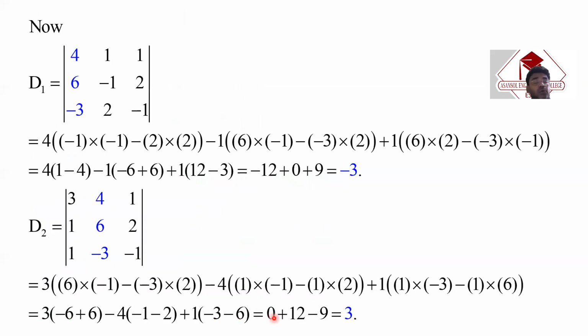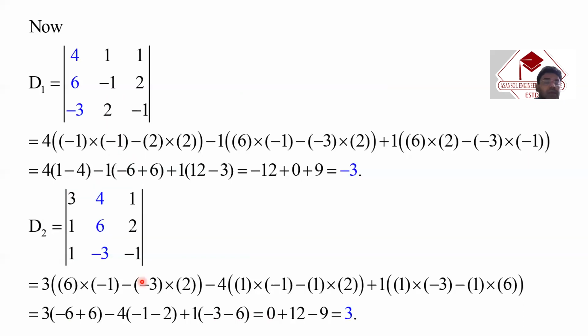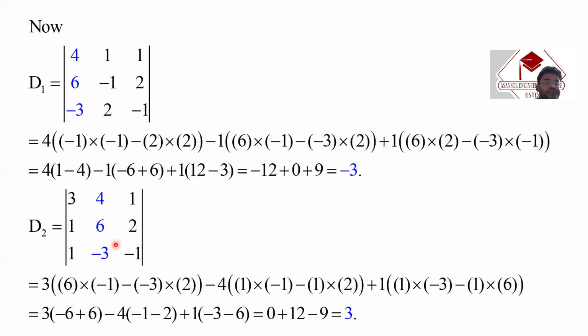Next part is D1. So already informed that D1 is coming from D by replacing the first column by 4, 6, minus 3. Just to check, 4, 6, minus 3, and the rest of the columns, that is column number 2 and column number 3, remain the same as it is. Okay.